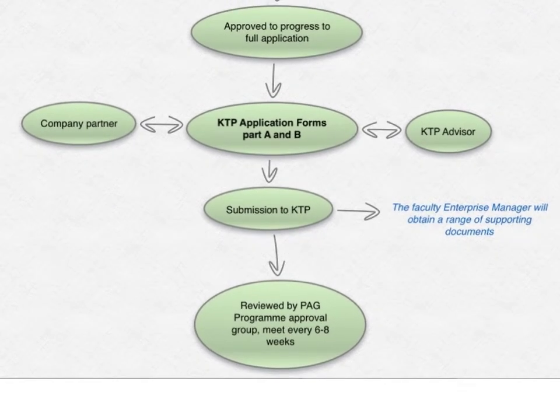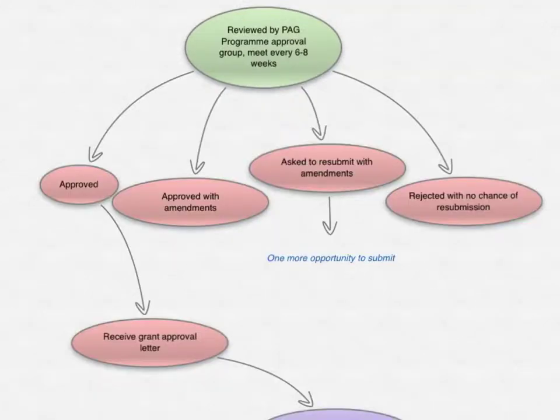The project is then submitted to PAG, the Programme Approval Group, and these meet every 6 to 8 weeks. During the PAG process, the KTP advisor represents the project and enters into debate and argument with PAG over the viability of the project. There are 4 potential outcomes from a PAG.